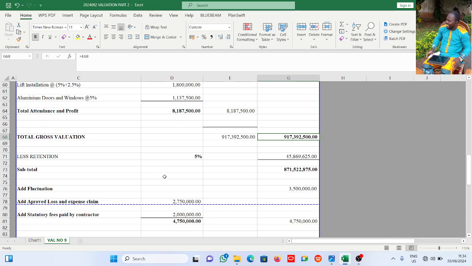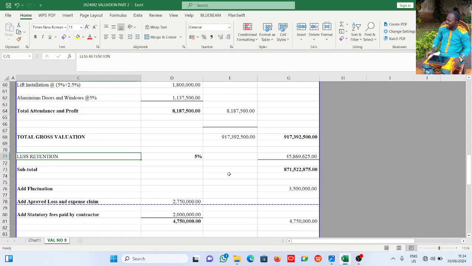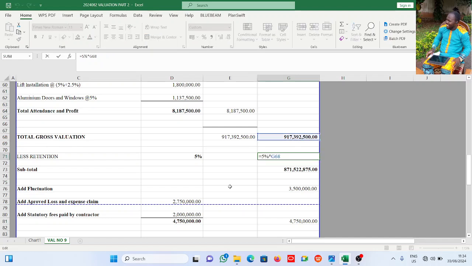Now here there is no discount, so we go straight to retention, and the question says that retention is 5%, right? Limit of 4% of the contract. So I said I'm going to make a video on this separately so we can understand that. Now retention is 5%. Now when we come here, 5% of the gross, right? This is what we have, 5%.